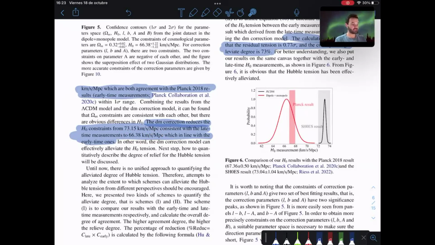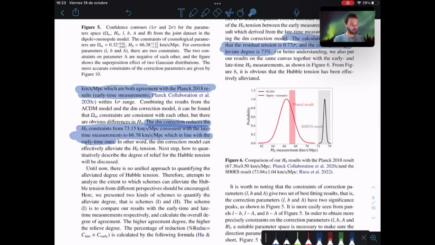And as you can see, for example, here they have tried to depict this, which is specific to what they're doing. So this will be the result from using the previous distance modulus, but now this is what they found, which is very consistent with the Planck result. Planck is the one that gives us this result in the early universe physics.